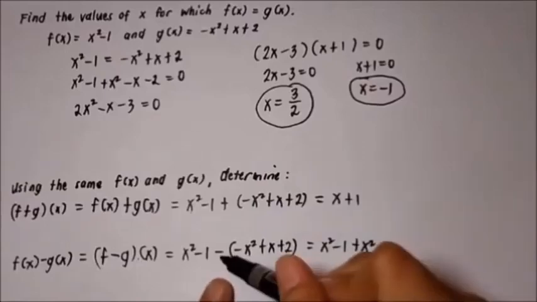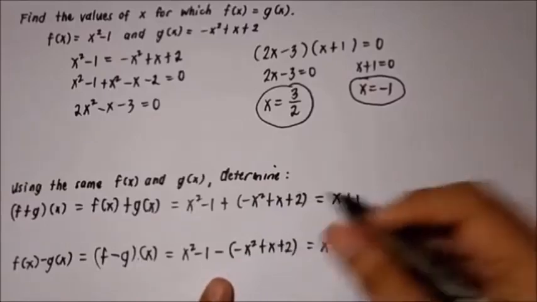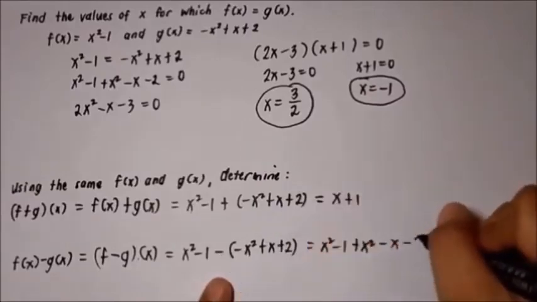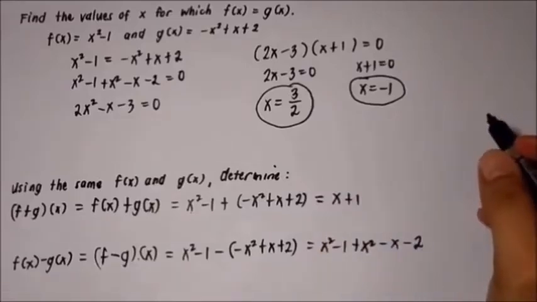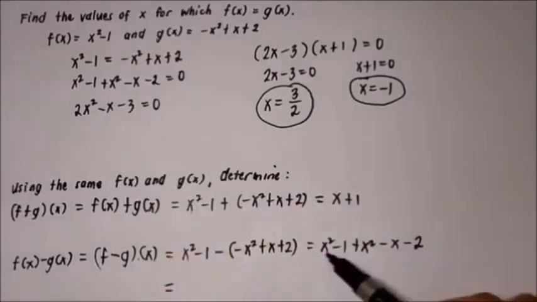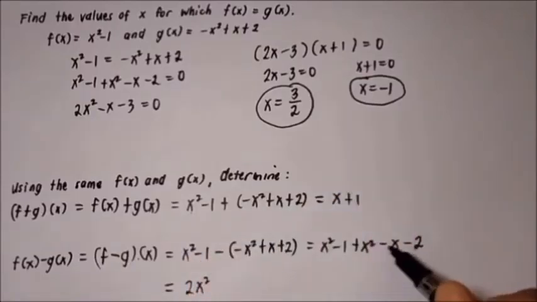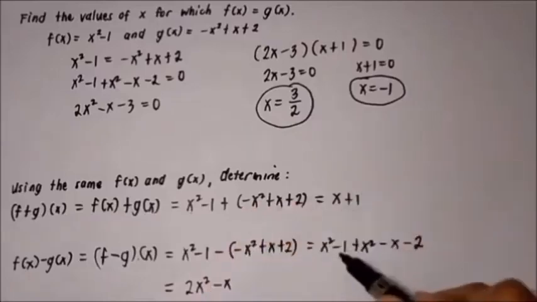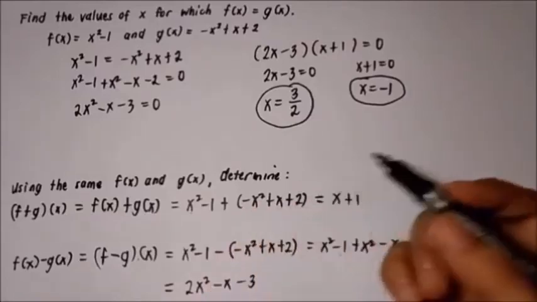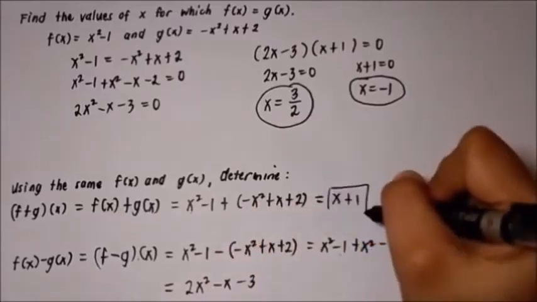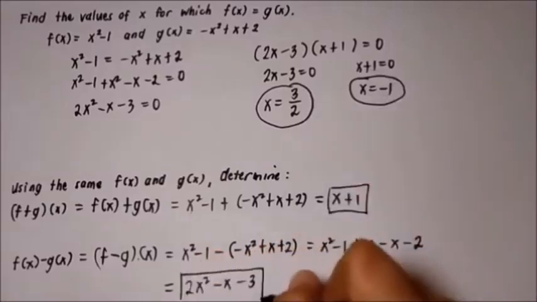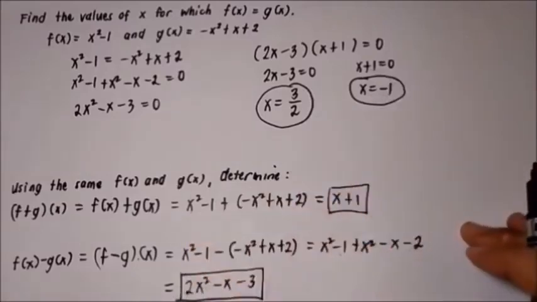So positive x squared, negative and positive, negative x, and then negative and positive, negative 2. So let's simplify that. X squared plus x squared, that would be 2x squared. And then negative x, negative 1 minus 2, negative 3. So this is the result for the sum, and then this would be for the difference.